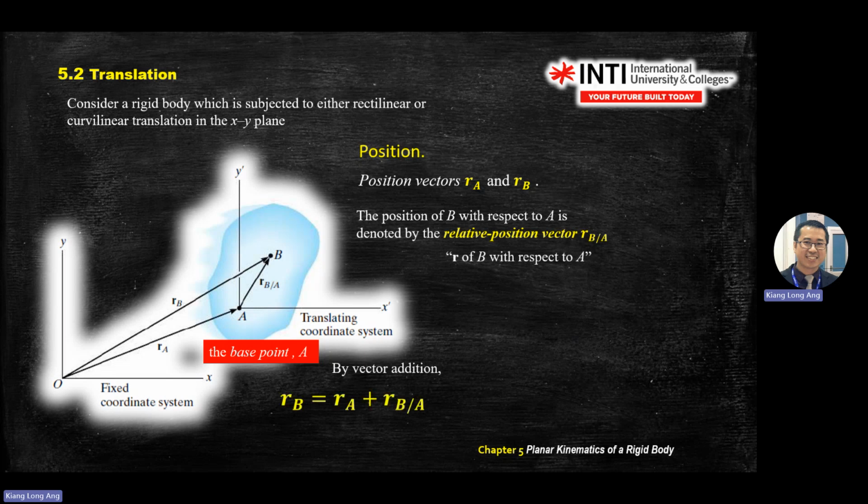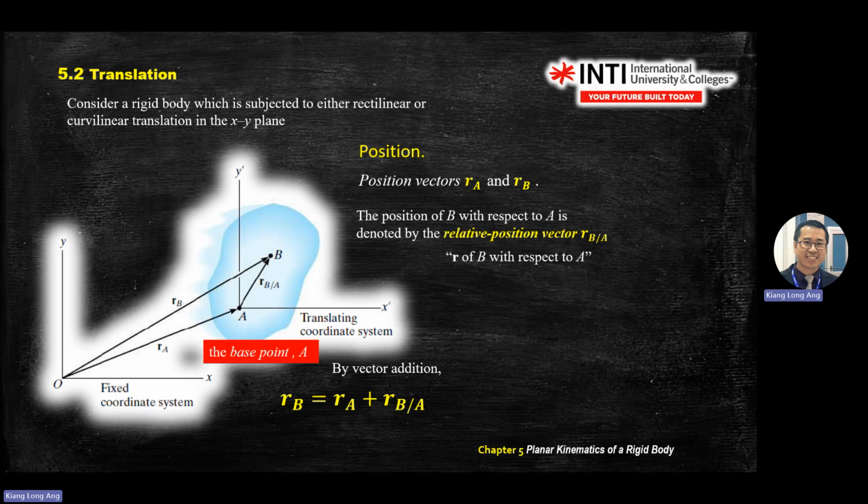If you do the vector triangle, you'll get R_B, which is the resultant vector, equal to R_A plus R_B/A. This resultant equals this vector plus this vector. How to reach from O to B?